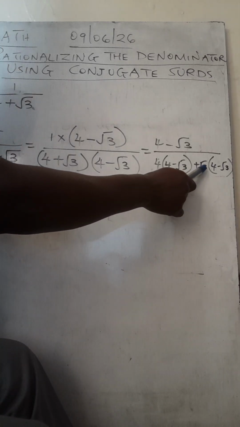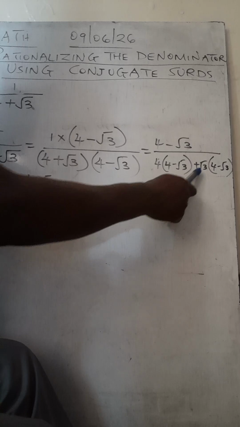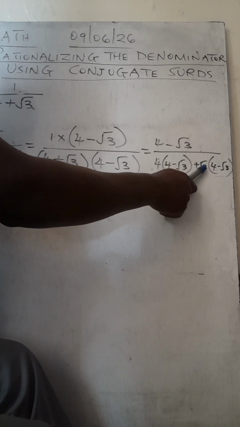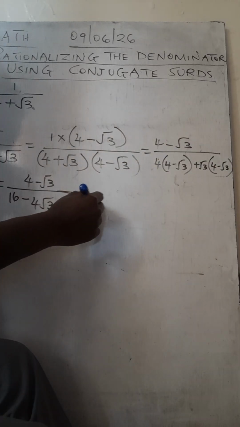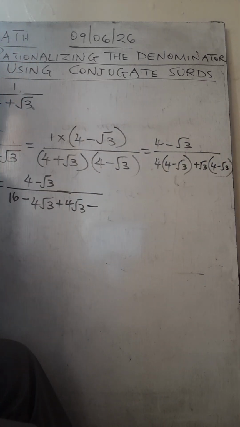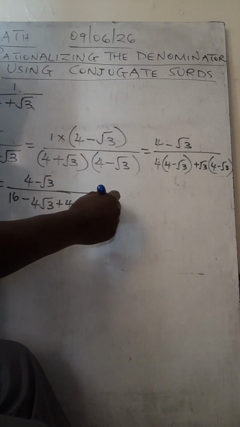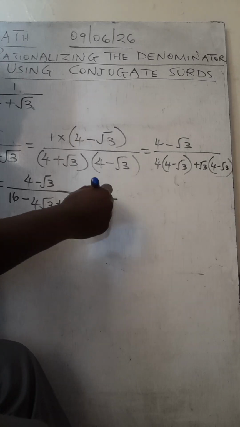Then we have positive root 3 times 4, we get positive 4 root 3. Positive root 3 times root 3: this is positive and this is negative, multiply, it gives negative. Root 3 times root 3 is 3 times 3 under the root, and that one gives 9 under the root.